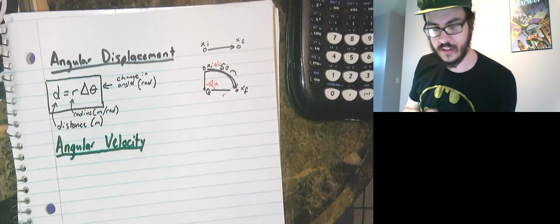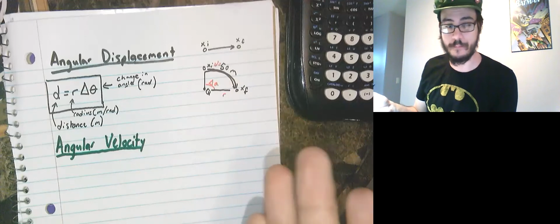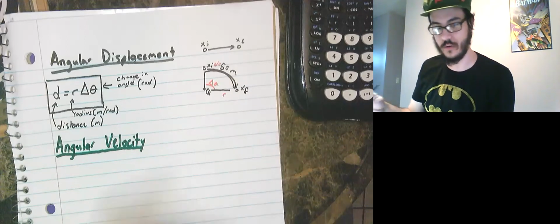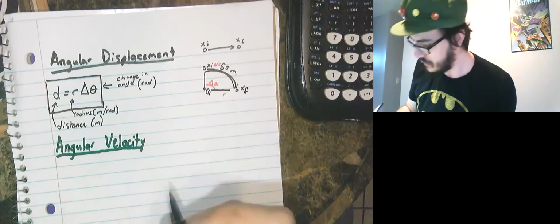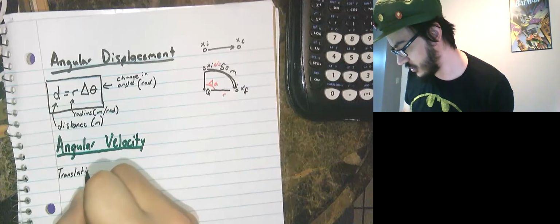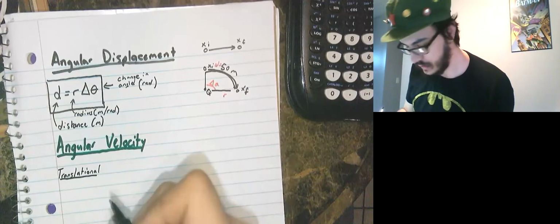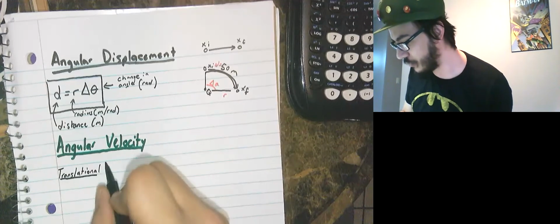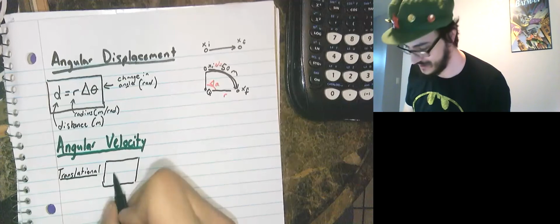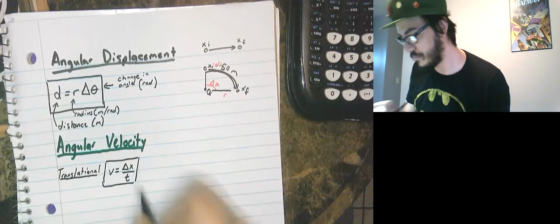So angular velocity is exactly what it sounds like, the rate of angular displacement over time, or the rate of change in angular position over time. Now, as a quick reminder, translational or linear velocity is old reliable, probably the first physics formula you ever learned in your life. Velocity, displacement per time.